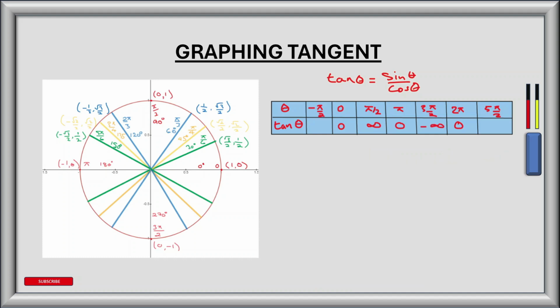So if we look at theta is minus pi by 2, which is minus 90 degrees, heading around the circle in a clockwise direction this way, we get here, and this is minus pi by 2. Tan theta is equal to sine theta divided by cosine theta. So sine theta is minus 1 and cosine theta is 0. Again, undefined.